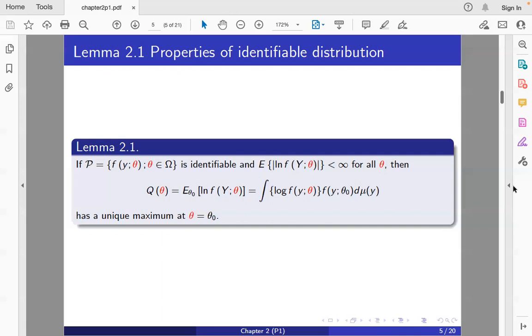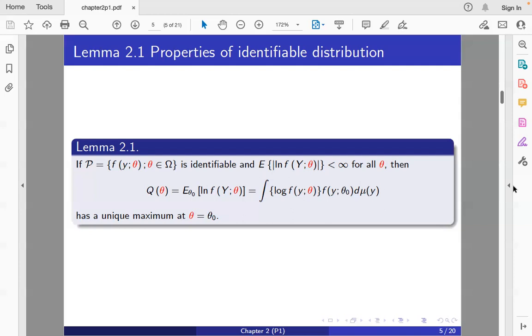You take the integral of the log density, evaluated against the true density. Theta null is the true parameter we are referring to for the random variable.